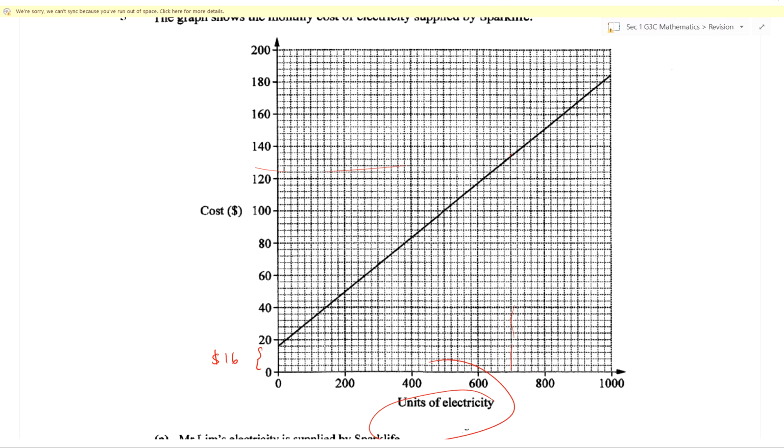Yes, right? Okay, let's draw a line across. It is over here. Do you agree? Okay, so let me count. Every little square is 4 units. So 124, 128, 132, 134.